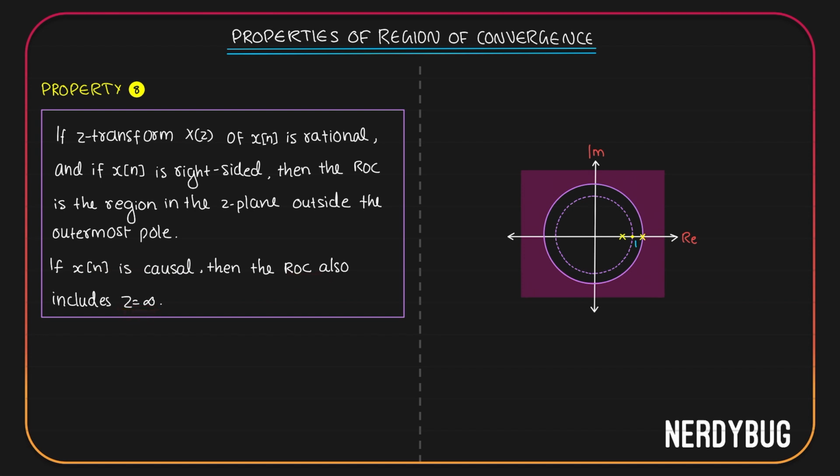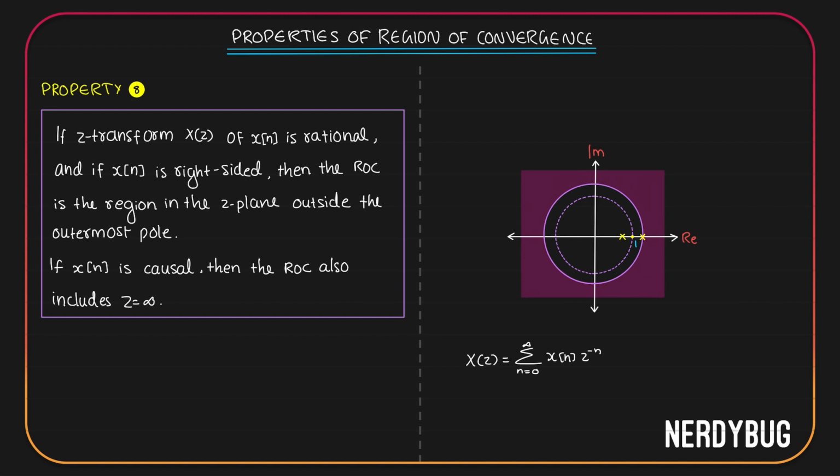Causal means n can take only values that are greater than or equal to 0. In that case, when we write X of Z is equal to summation from n equals minus infinity to infinity, x of n z raised to minus n can take only values from 0, so let us change the limit. So values of n is always going to be positive. That means power of z is always going to be negative because it is minus n.